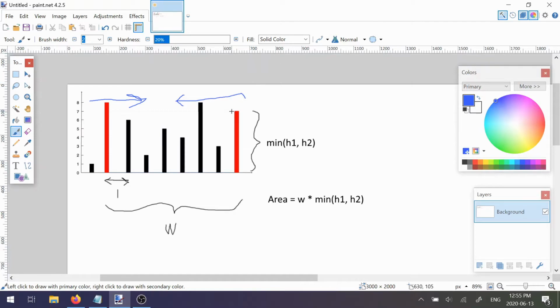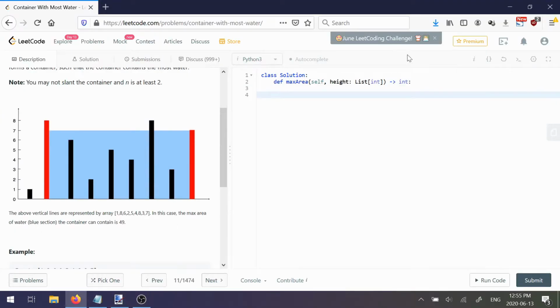So let's write this out in Python. First off, we set the max area to 0, and then we set 2 points at the beginning and the end of the list, which I'll call left index and right index. Now all we have to do is continue looping until the left index reaches the right index.